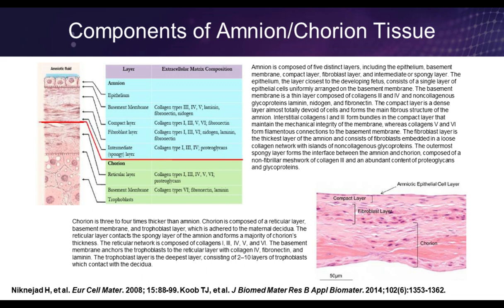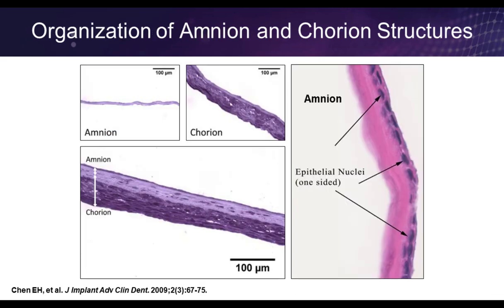Underlying that, still fetal tissue, is the chorion layer, and it consists predominantly of matrix proteins as well as the chorionic cells, the syncytiotrophoblast cells of the chorion. And these two layers are attached, but they have a relatively weaker attachment to each other.